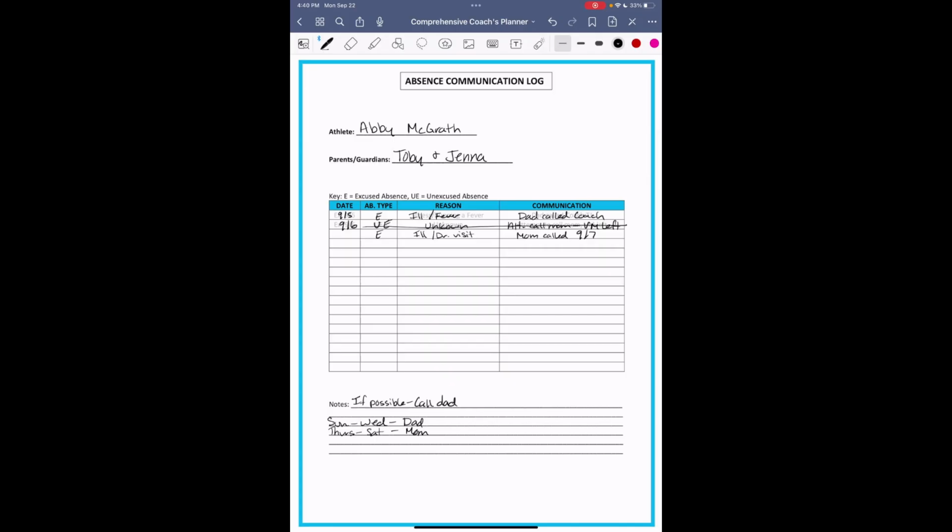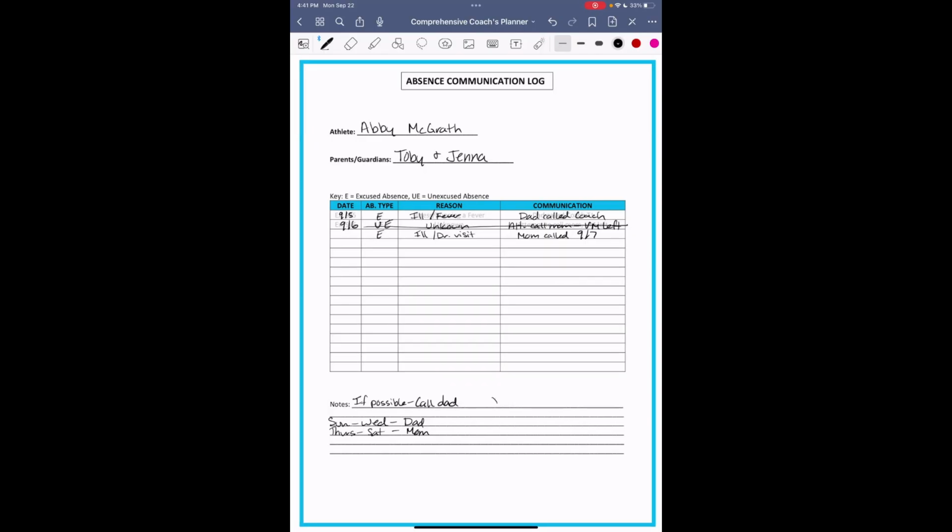Other things that we might make note of are if we're seeing any patterns in the absences. Maybe Abby is out with a headache pretty often, and we want to make note of that. So maybe we're seeing a pattern emerge that she's got a headache and she is not at practice or is sitting out. And maybe we've been excusing those for illness related absences, and that's okay for us via policy.